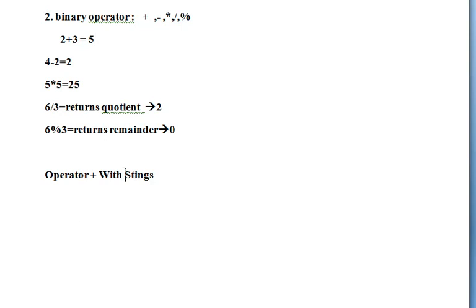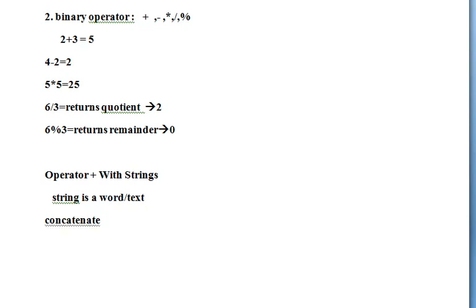But when we use the plus operator with strings, a string is a text, a word, you can say, it will concatenate the two strings, and it is known as concatenation.